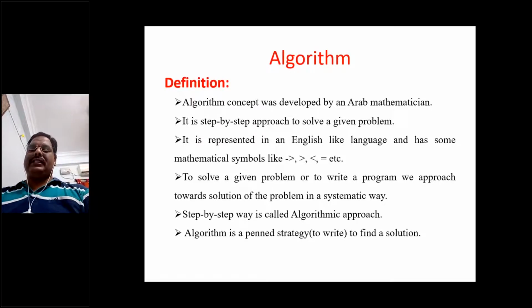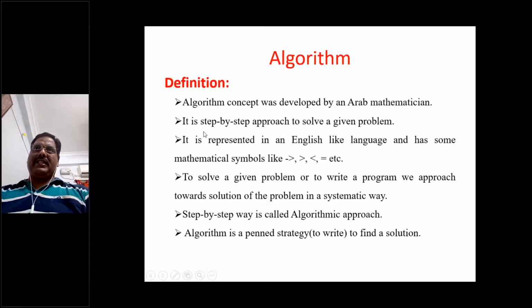Let us see what an algorithm is. Define an algorithm. A simple way I can say it: it is a sequence of steps or instructions to accomplish a particular task, or simply we can say it is a step-by-step approach to solve a given problem.